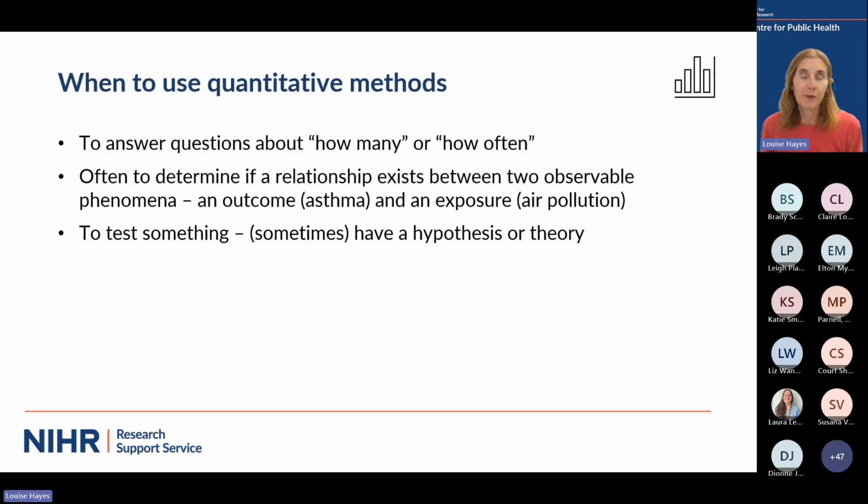From my point of view as an epidemiologist, we'll often be looking at whether there's an association between an outcome, something like asthma, and an exposure to some sort of risk factor like air pollution. Often we'll be testing something, and sometimes, although not always in quantitative research, we'll have a hypothesis or a theory that we're seeking to test and either prove or disprove.